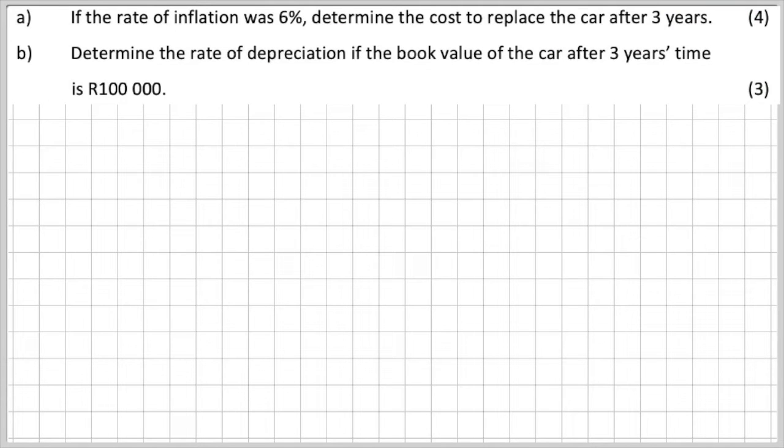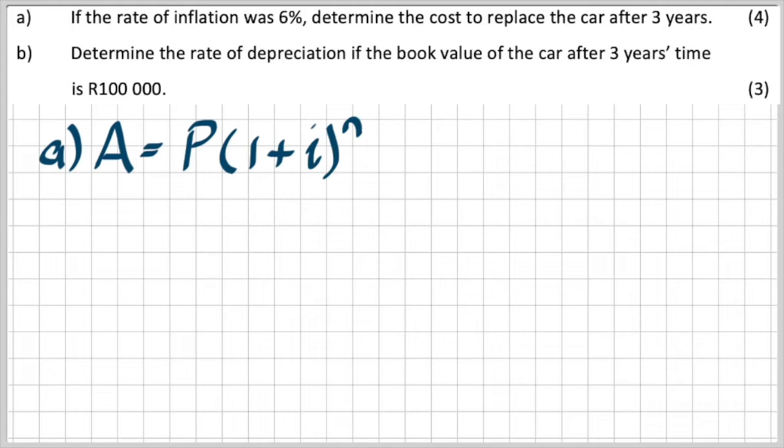If the rate of inflation was 6%, inflation. So I know that is normal compound interest. Your P value is 400,000, your rate is 6% and your N is 3 years. Now, I know that some teachers, myself not included, don't like to write 6%.